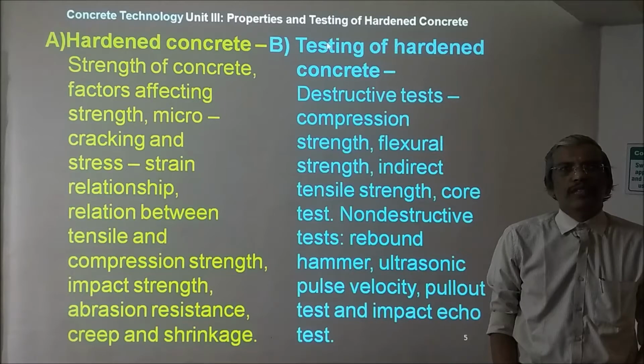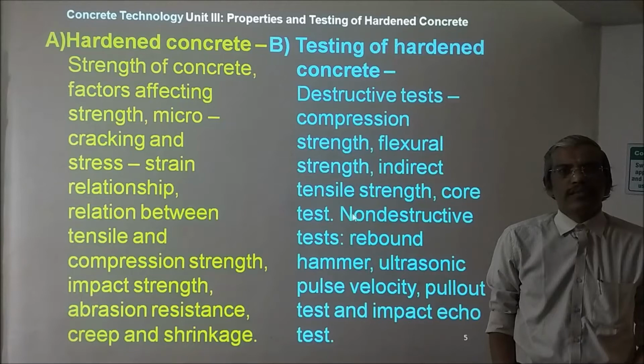Part B includes testing of hardened concrete, which includes destructive tests: compression strength, flexure strength, indirect tensile strength, core test. Also it includes the non-destructive tests: rebound hammer, ultrasonic pulse velocity, pull-out test and impact echo test.